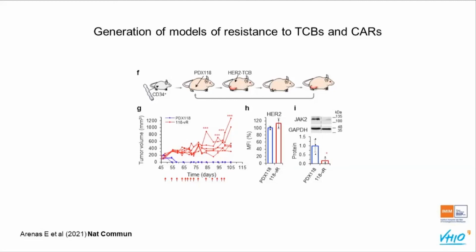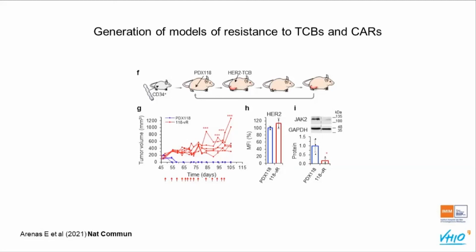Again, after 3 or 4 rounds of treatment and allowing the tumor to regrow, we were able to isolate cells that were completely resistant to TCBs or to CARs. Again, as expected, and shown with the blue and red bars, the modulation of HER2 was not an option for this tumor to continue growing, and we observed the same down-modulation of JAK2.